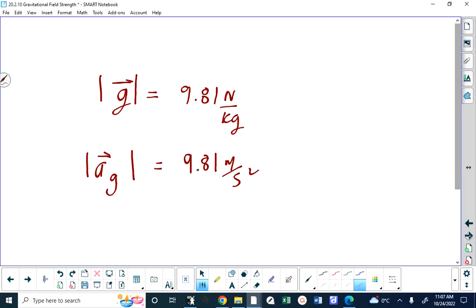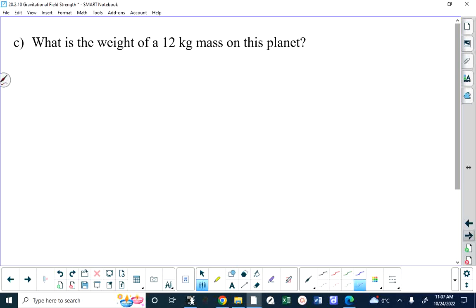All right. Take a look at the next question. What is the weight of a 12 kilogram mass on the planet? In this unit, we learned that weight equals m times g. And Aoki, you and I remember having that conversation about, we don't worry about the direction when we talk about weight. We don't need to say the weight is down.